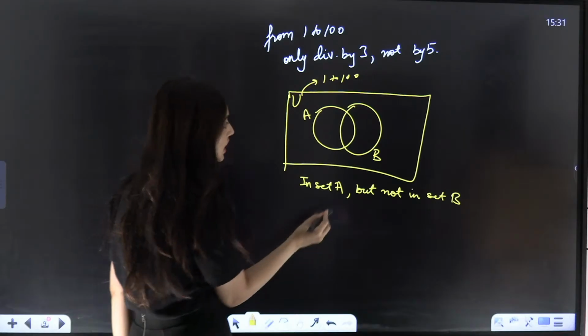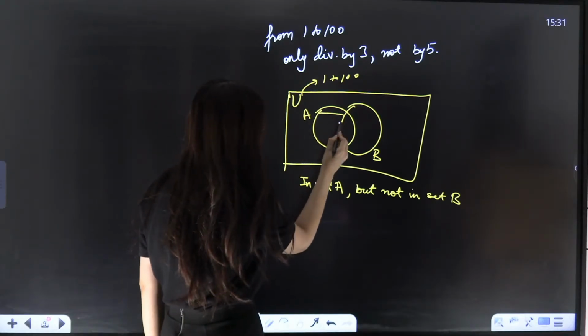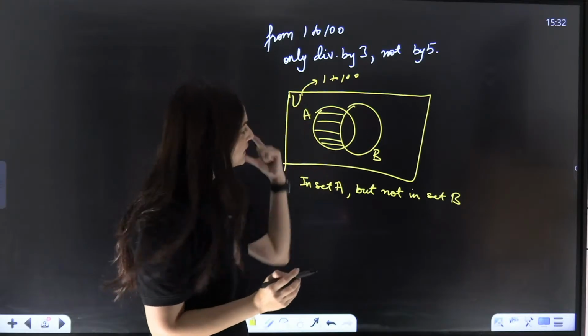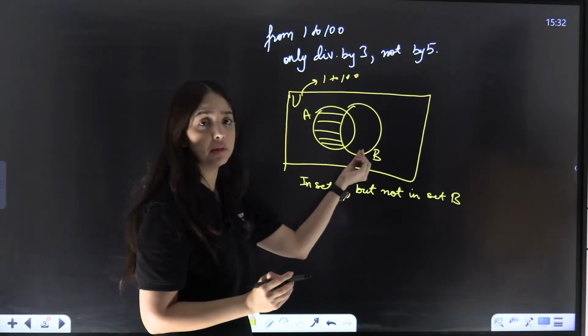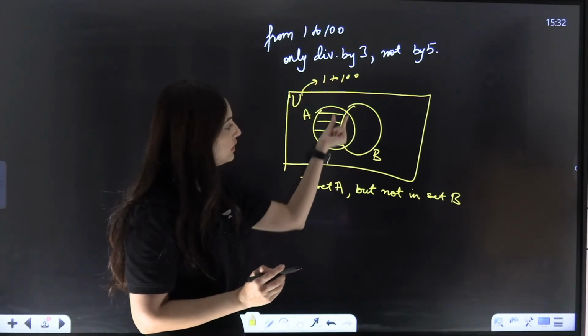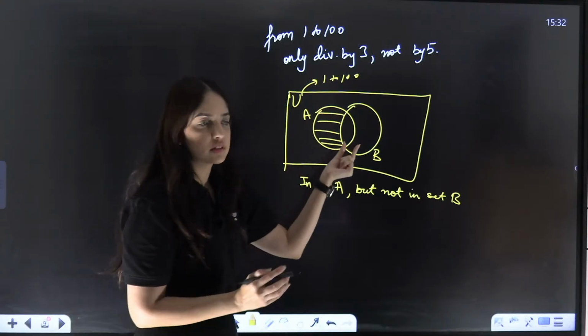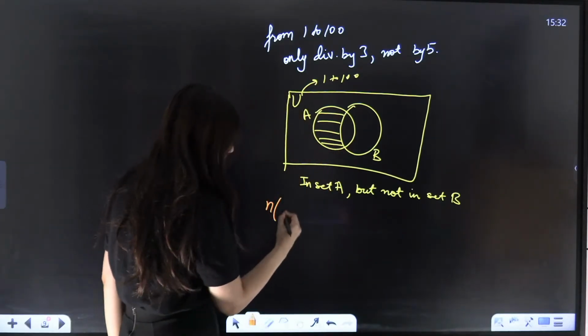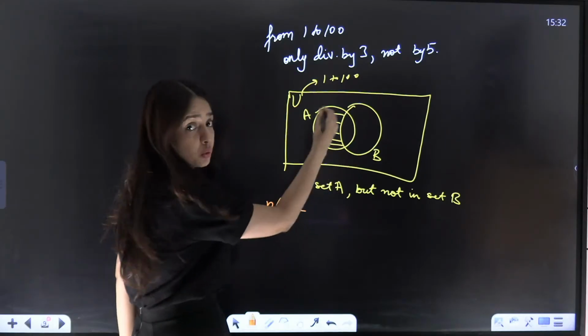In that case we just want this area, right? Because it has to be in A, so it has to be in this circle but not in the B circle. So we will remove the common parts. The answer will be n of A minus, what did we subtract?